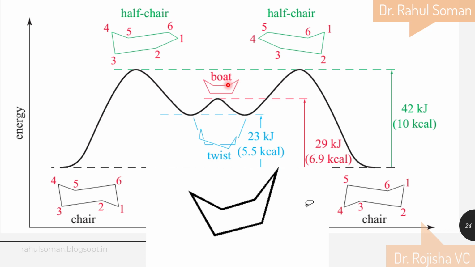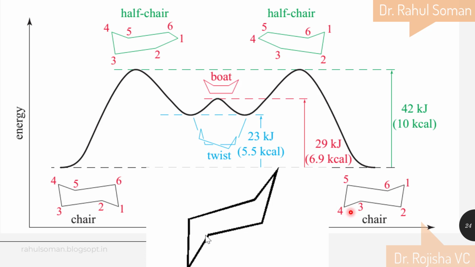And next, we have to bring this fourth carbon down. Then again it forms a twist boat conformation, and we get a half chair conformation like this, because 4 is coming into the same plane as 5 and 3. Then again it comes down, and we get this chair conformation, which is the flipped one.